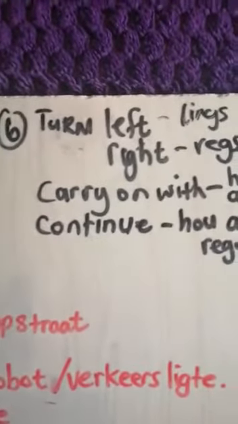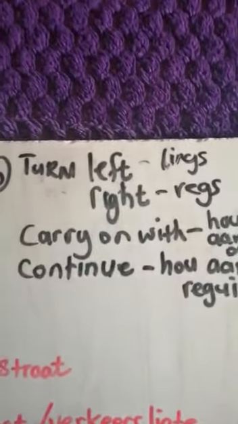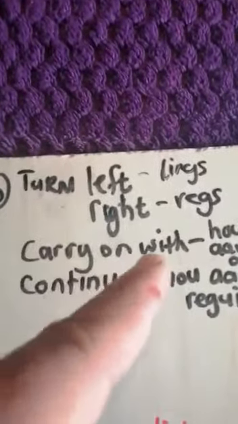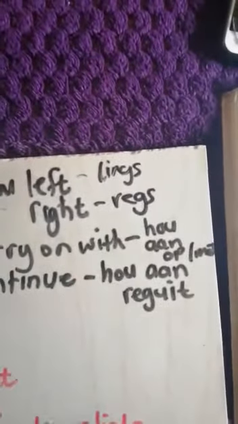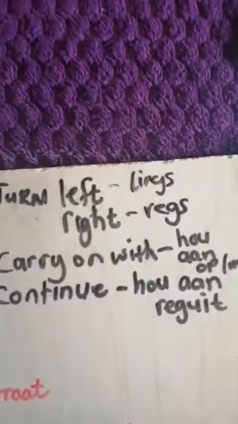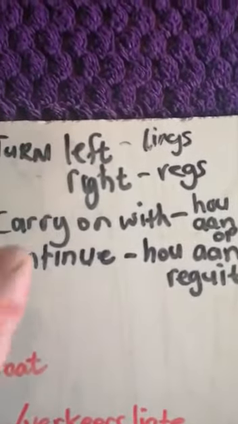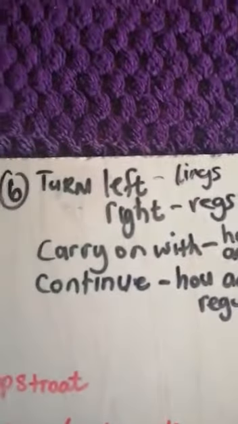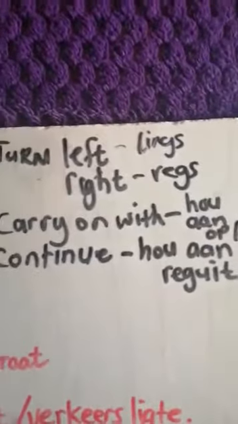So on this one, also the translations of draai links, draai regs, turn left, turn right, carry on with, hou aan op Smitstraat of Joubertstraat, continue is hou aan, hou reguit aan, continue straight. Alright, so use those ones as well.